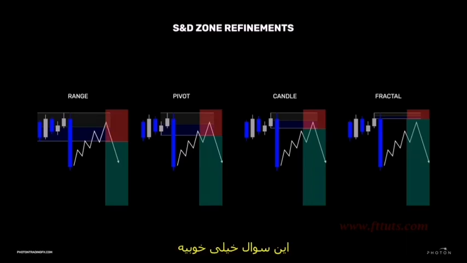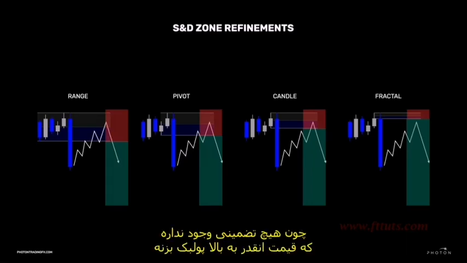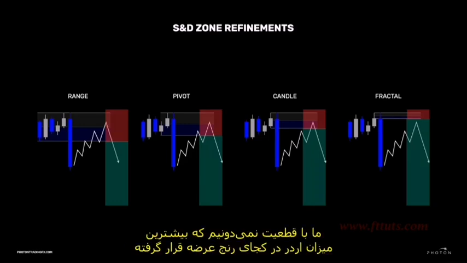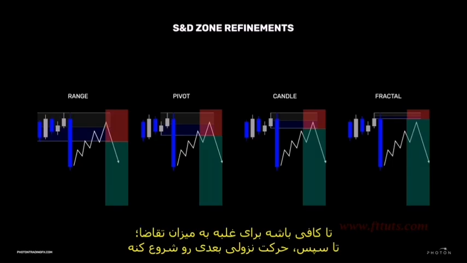Well, to be fair, that's a pretty good question, because the reason why is that, of course, there are zero guarantees that price is going to pull all the way back up that far to actually tag you in and enter you into your position. Because we don't know for certain where the largest amounts of orders are sitting within that supply range that will be enough to overpower demand to start the next bearish leg down in price.